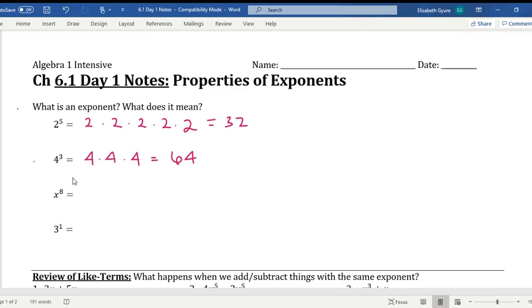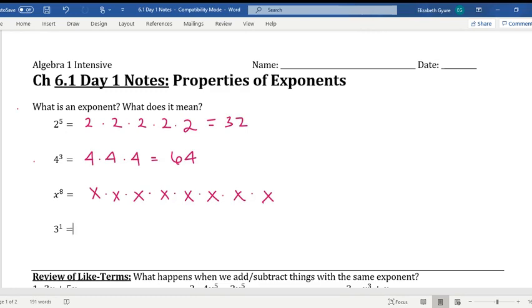X times itself 8 times. Now here's the thing though, it's just an x, right? There's no number there. So all we're going to write here is to realize this means 1, 2, 3, 4, 5, 6, 7, 8 x's. It means you have 8 x's being multiplied.